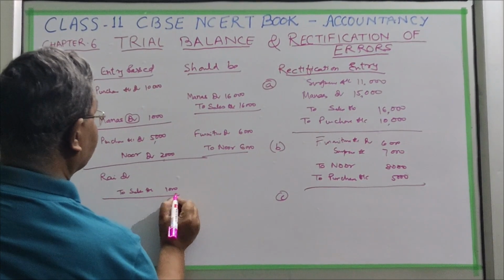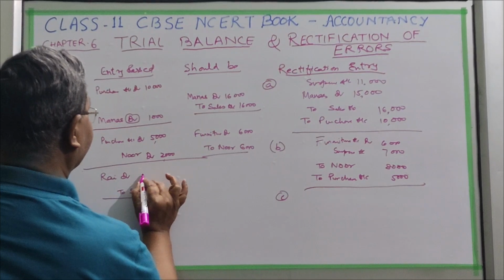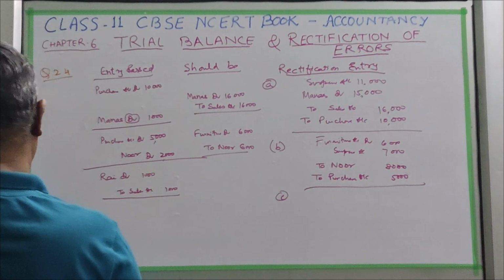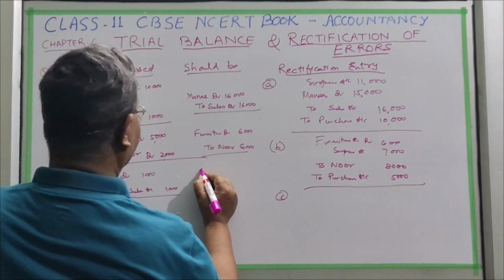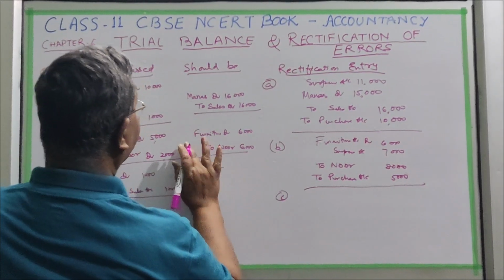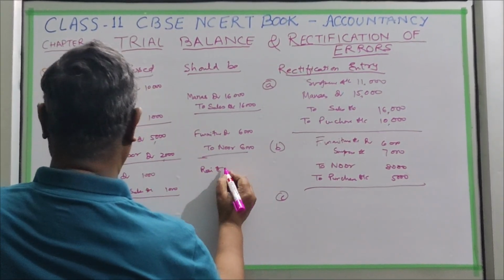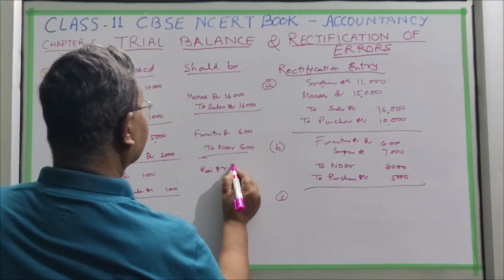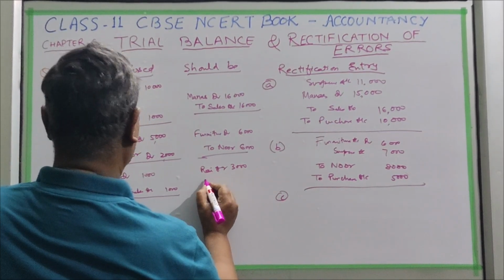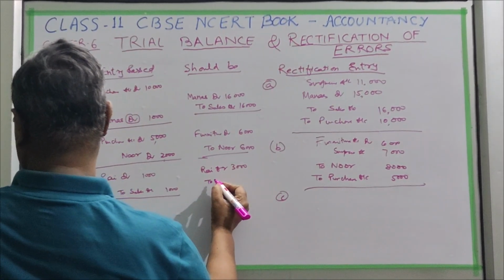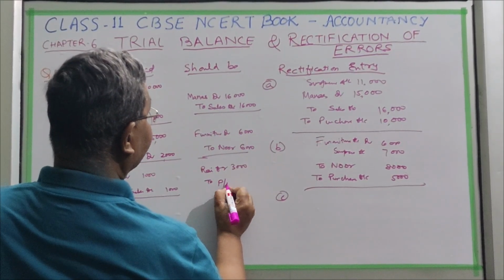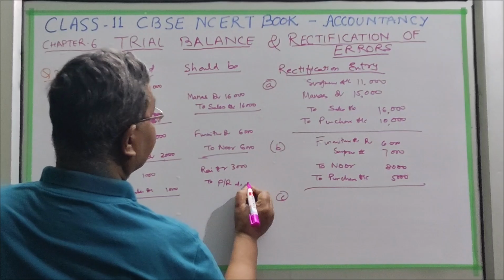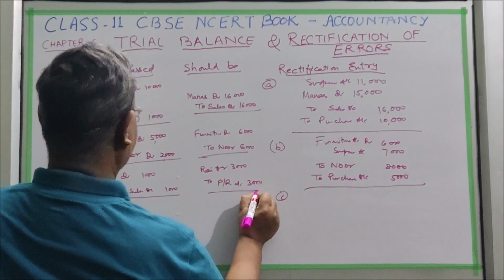So it will automatically post Roy debit 1,000. Goods returned to Roy 3,000 and you should have done Roy debit 3,000 and to goods return, purchase return account 3,000. This should have been done.